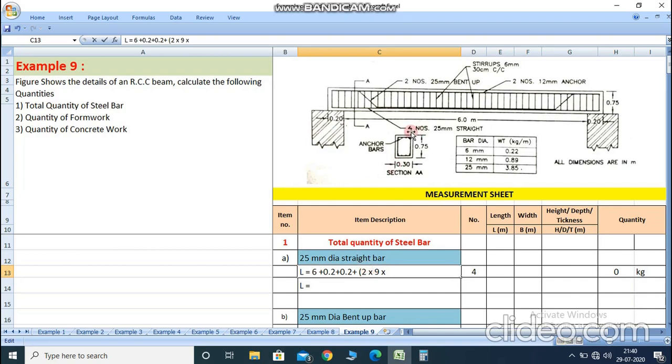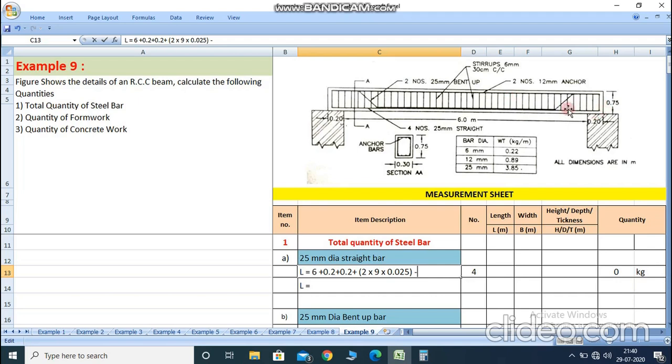Here we take 25 mm dia, so 25 mm is converted into meter, 0.025. Minus, on both sides, left side and right side, cover is provided.